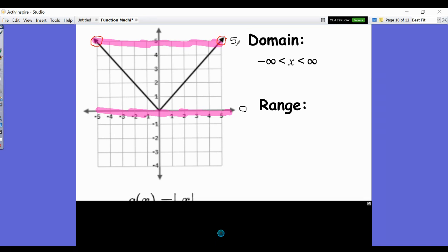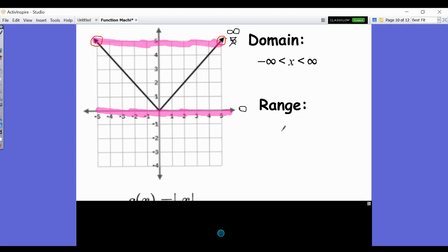You catch my drift? So once again, even though the graph itself stopped at 5, remember that arrow means keep going. So I'm going to cross this out, and I'm going to replace it with infinity because I could have kept going. So now I'm looking at 0 to infinity.